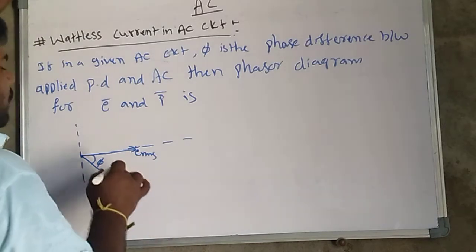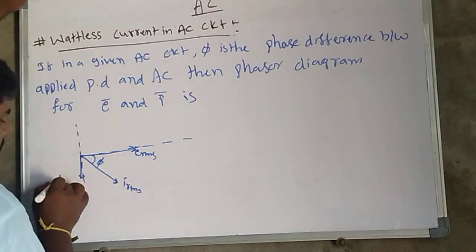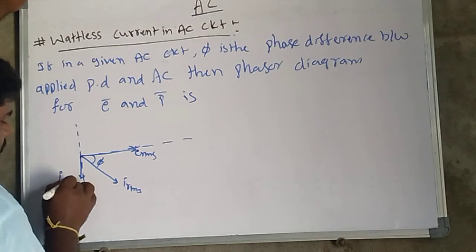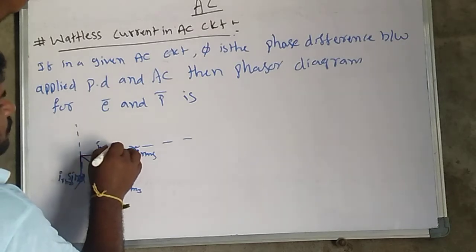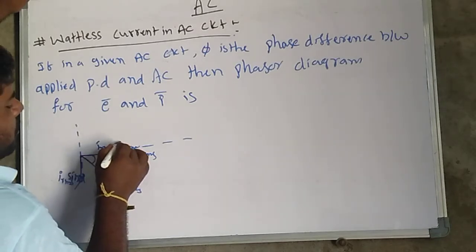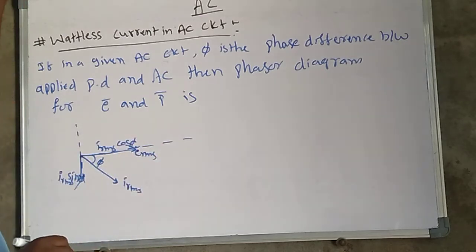Resolving the current into components, one is IRMS sin phi, and the other, the adjacent side, is IRMS cos phi.